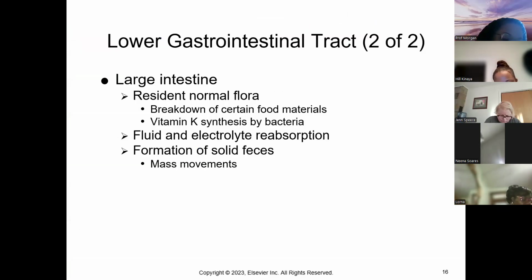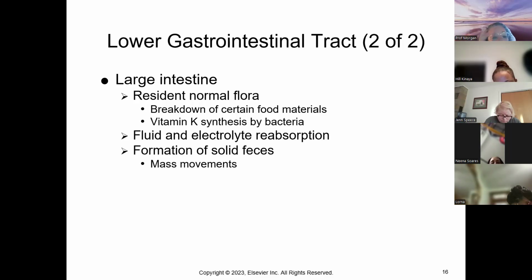The ileocecal valve is where the entry point is from the ileum into the large intestine. So if you move down the intestines from the top, from the cecum is the ascending colon, which becomes the transverse colon. That passes down the left side and becomes the descending colon.